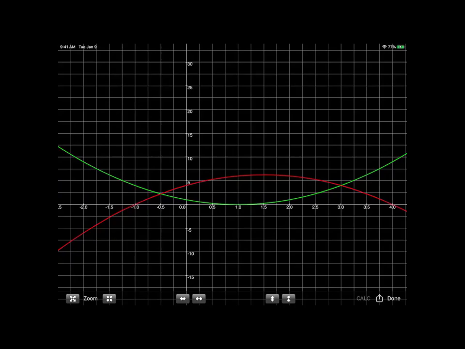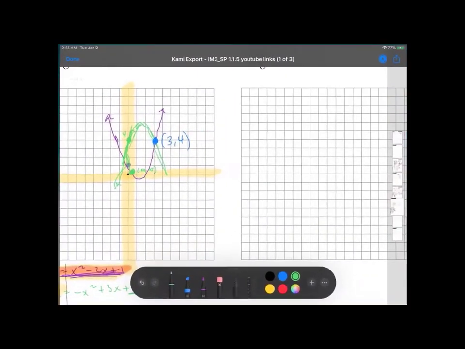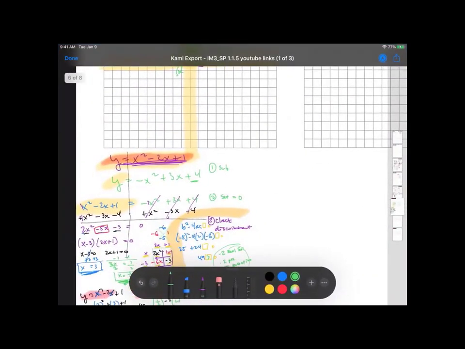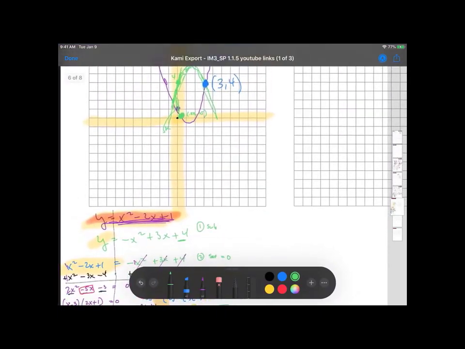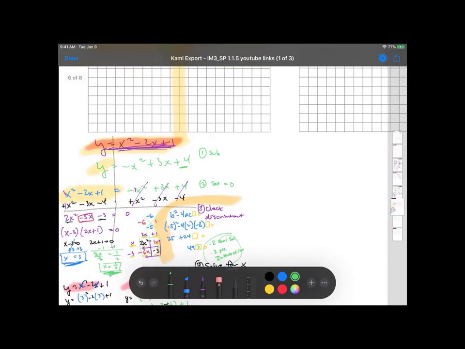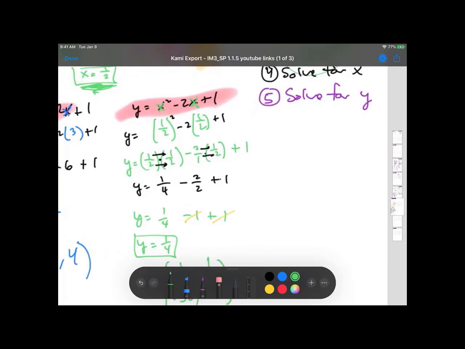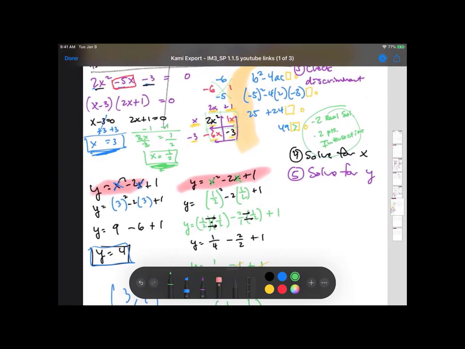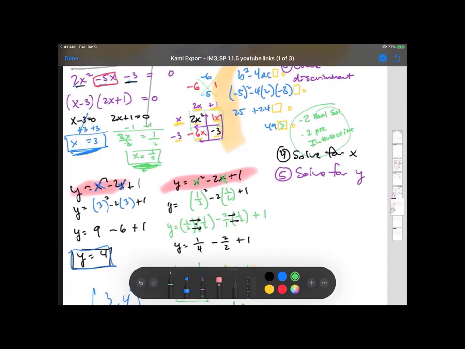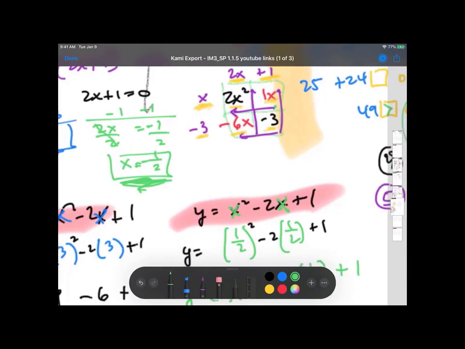I think we made a mistake. It should have been -0.5. Let's fix this now. Should have been a -1/2.